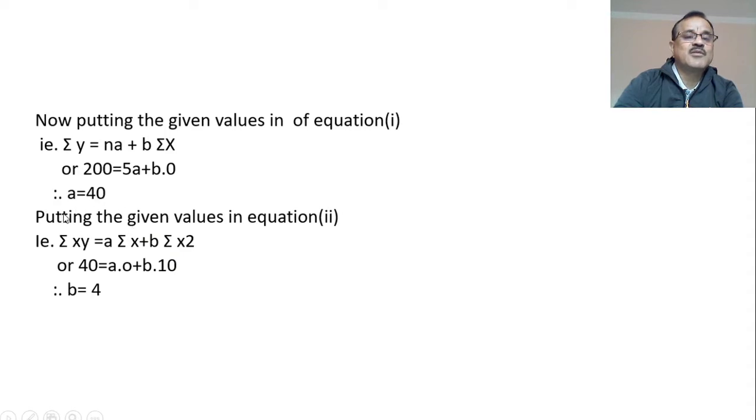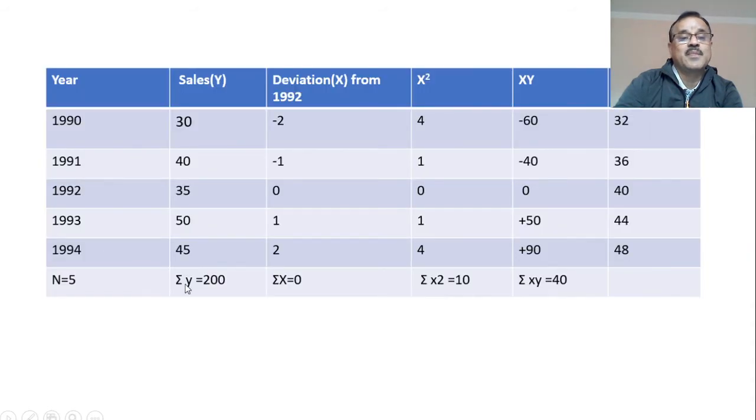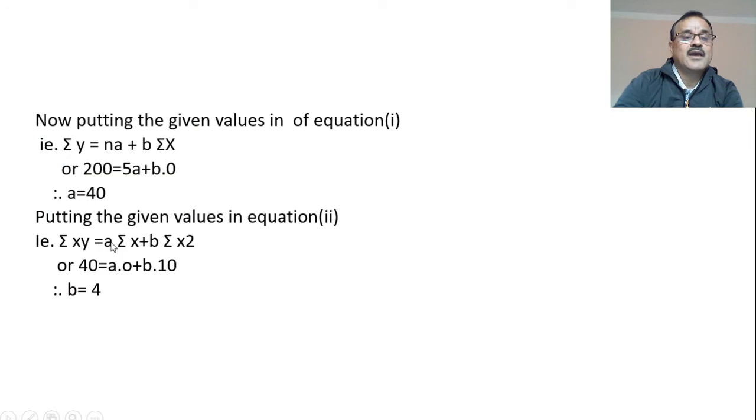Now putting the value into equation 2: summation of xy equals a summation of x plus b summation of x square. Summation of xy is equal to 40. A is not given, summation of x is 0, so we put 0 here. B is not given, summation of x square is equal to 10.